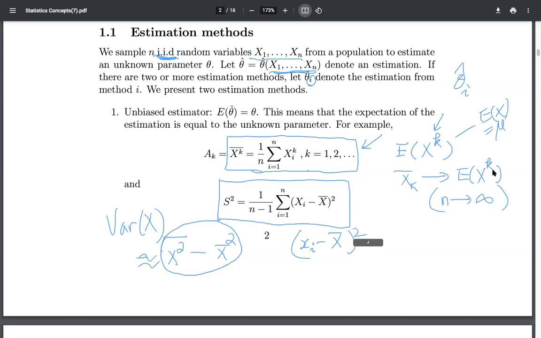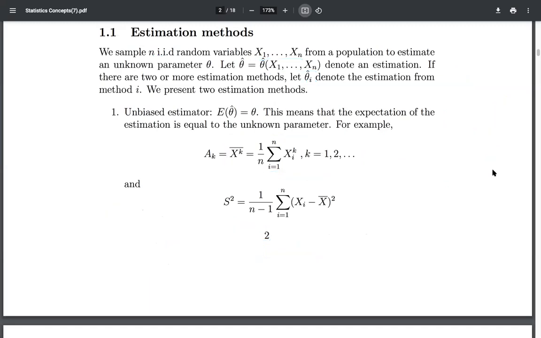So this is always positive. Then I sum them up, but this time I'm not dividing by n. Instead, I divide by n minus 1. Why is this the case? Of course, there is mathematical reasoning behind this, but what we just need to know here is that this s squared is a good estimate of variance. Okay, that's what we need to know.